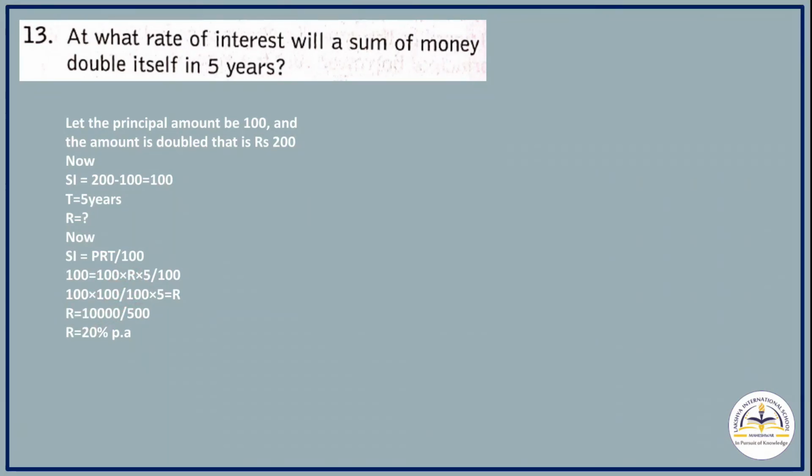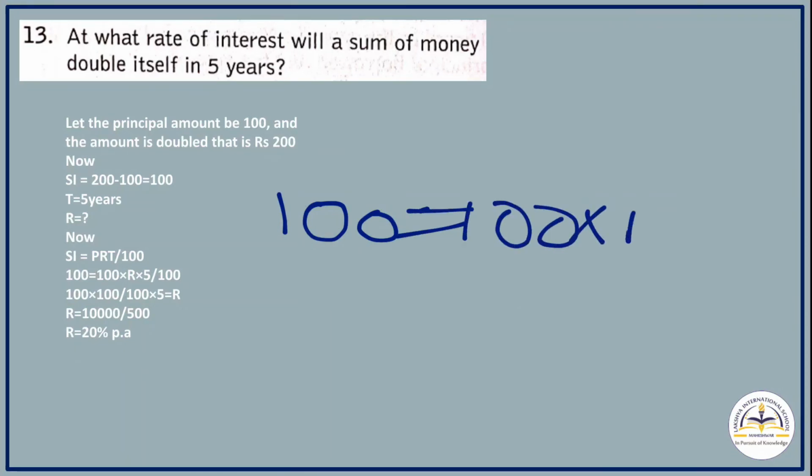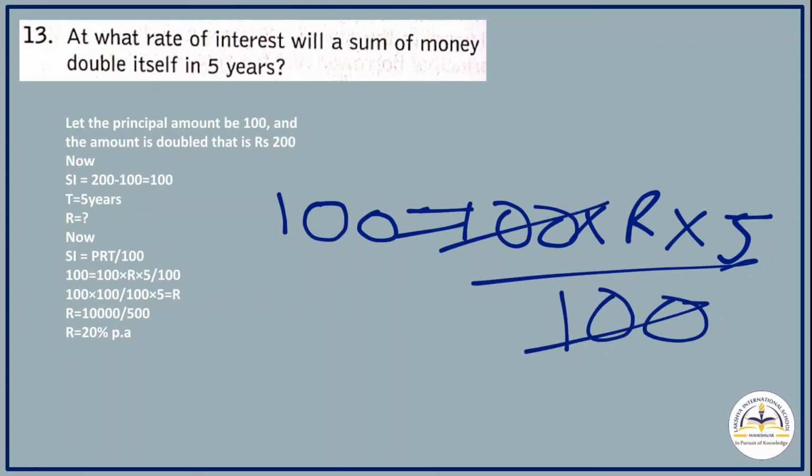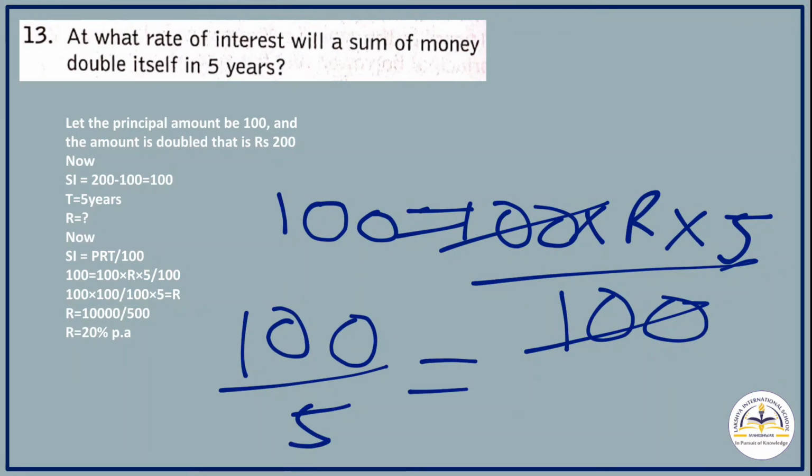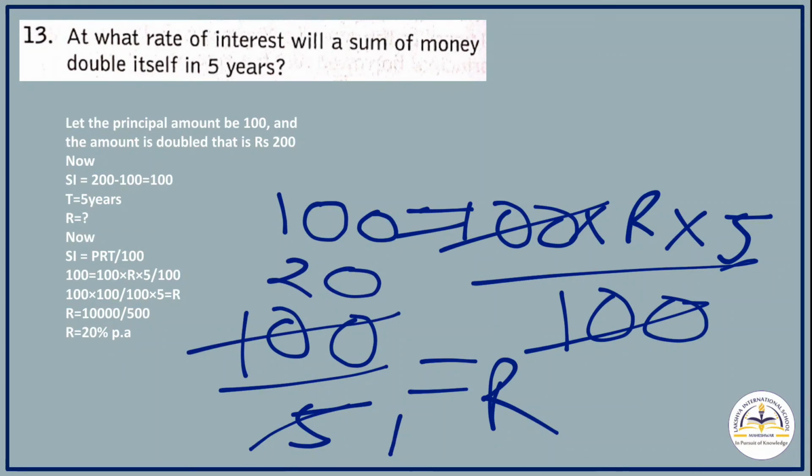Now we will put the values, that is 100 equals 100 into R into 5 divided by 100. This 100 and 100 cancel out. Then 100 divided by 5 equals rate. Now 20. So the rate is 20% per annum.